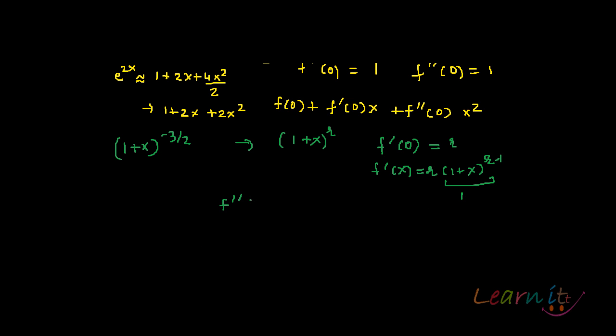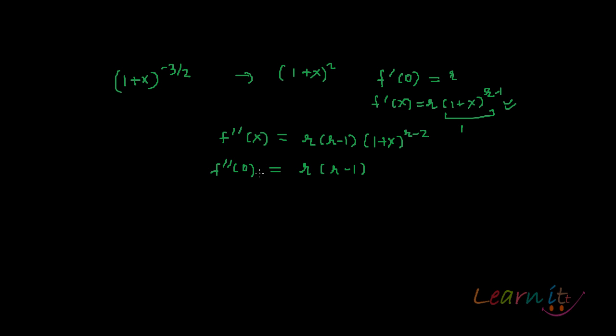Similarly, what will be f double dash x? F double dash x will be r into r minus 1. Essentially, I am going to differentiate this function. So, I get (r minus 1)(1 + x) to the power r minus 2. And at 0, what will happen? F double dash at 0 will be r into r minus 1 into 1, because 1 to the power anything will give me 1. So, this is what it will be.